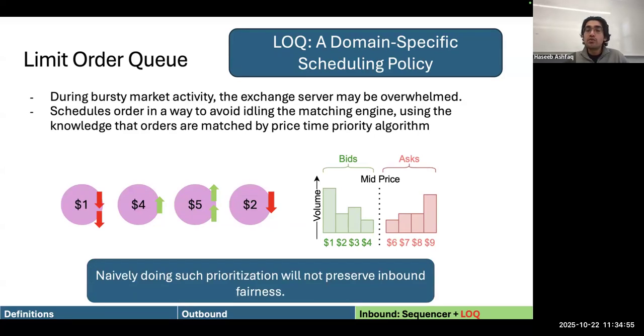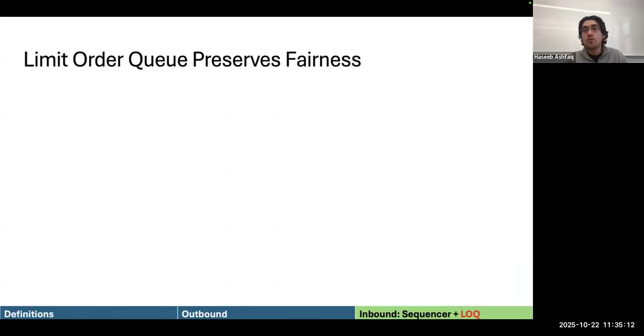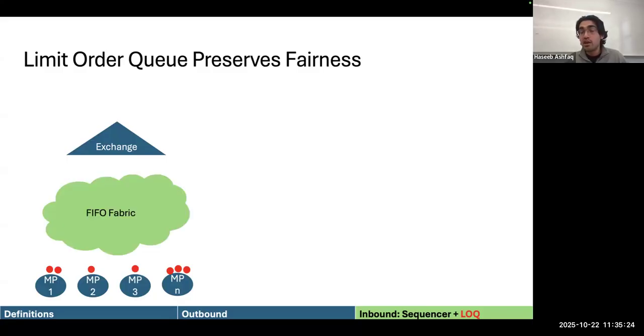So how can we do such a scheduling, such a reordering of queued up orders at the proxies, which also preserves inbound fairness? For that, I'll set up the picture of where the opportunity for such scheduling is. If this is the exchange server and these are the market participants, and the market participants send orders to the exchange, and we have a FIFO fabric, we are not using any kind of scheduling.